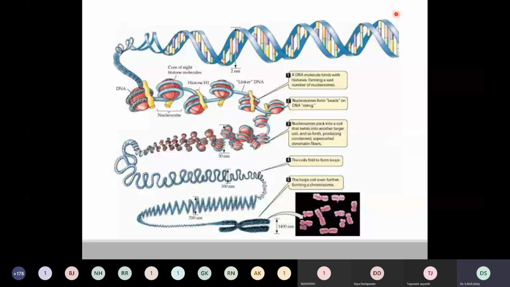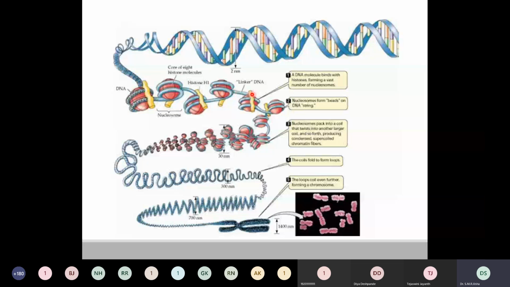So this is the overall summary. This is the naked DNA, 2 nanometers diameter. This becomes nucleosomes, which are otherwise called histone octamers, looking like beads on a string.